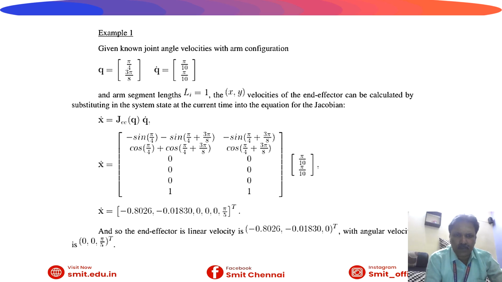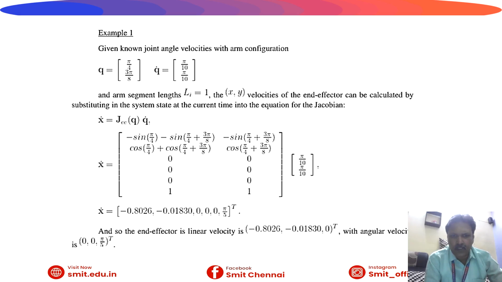Here we can see minus sin pi by 4, minus sin pi by 4 plus 3 pi by 8, followed by minus sin pi by 4 plus 3 pi by 8. Above that matrix form, it is written concept-wise as the Jacobian J of q times q dot, multiplied by the distance, and then the final step after simplification.